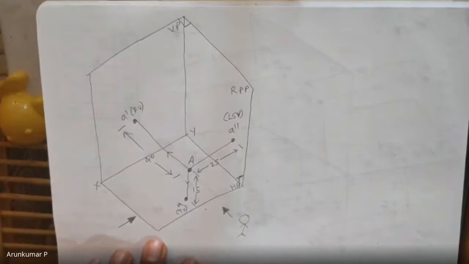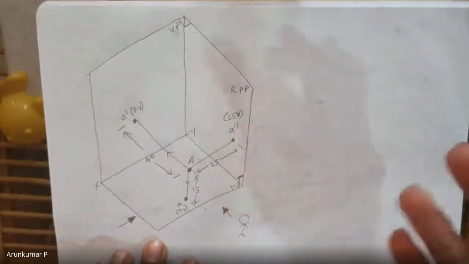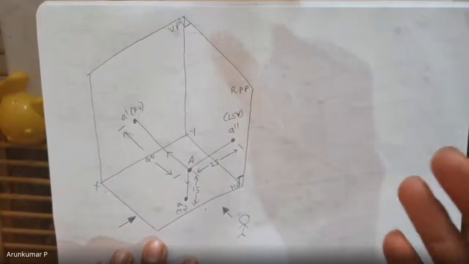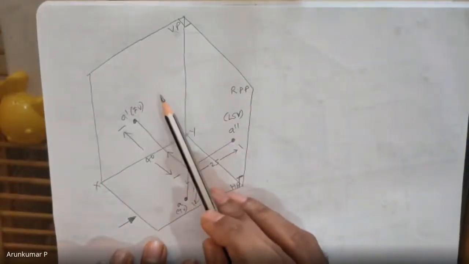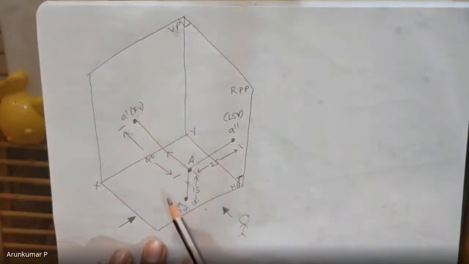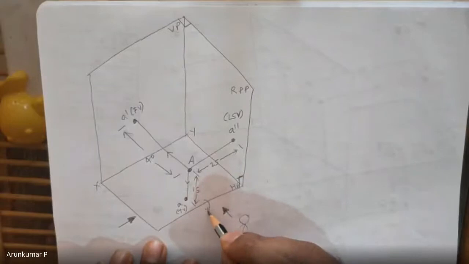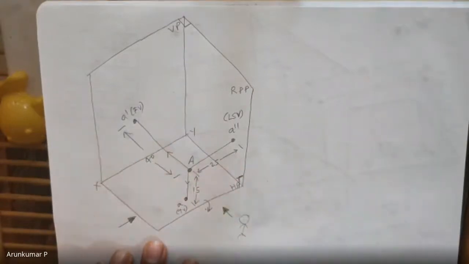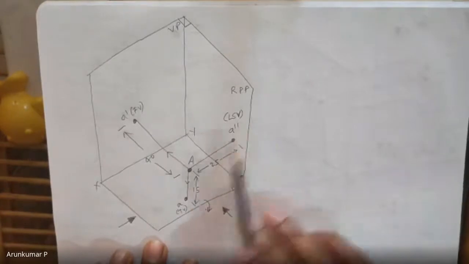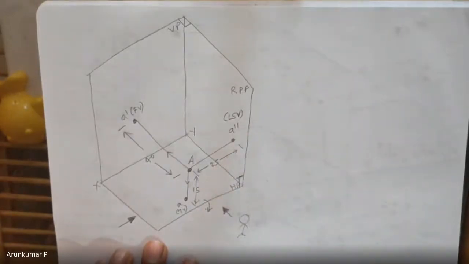So now, if you want to convert this 3D to 2D, because we are going to draw it in 2 dimensions, how are you going to do that? Keep VP fixed, rotate HP in the clockwise direction by 90 degrees. What to do with RPP? The objective is VP, HP and RPP, all the three should be coplanar.